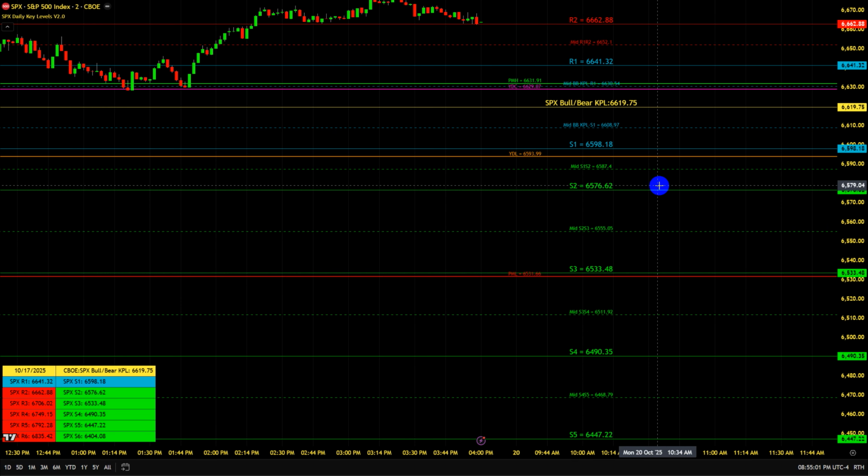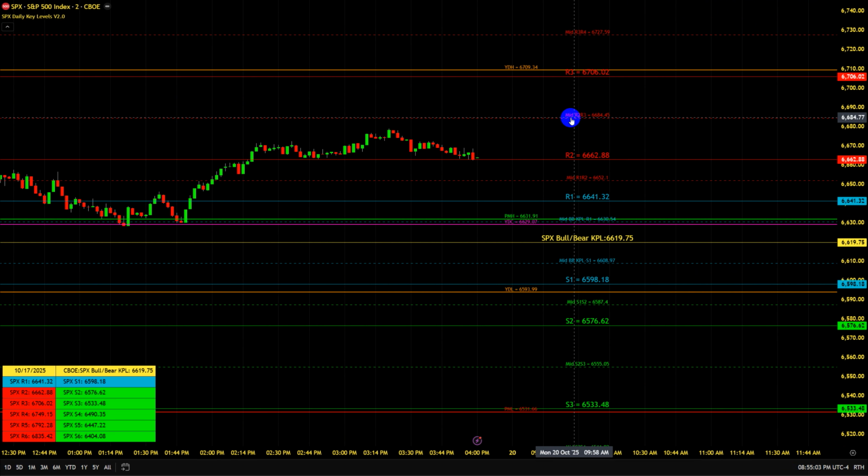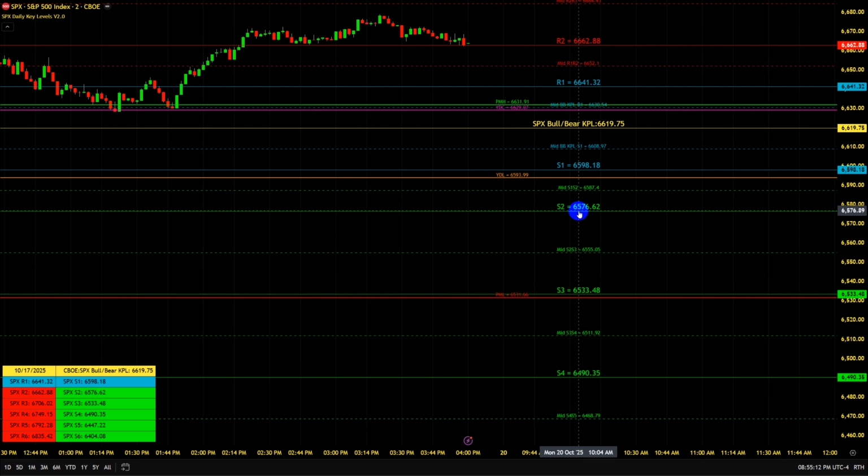So just like we did up here, you would really just want to consider the midpoint once you start getting past R2 on a bullish play. On a bearish play off S2, the furthest one you really want to consider is the midpoint of S2 and S3 on a bearish play below, because of how far it is away.